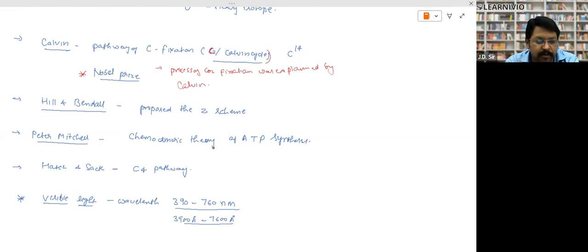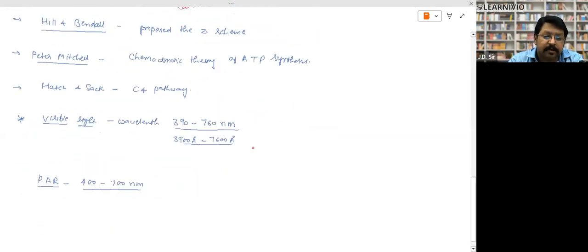We'll discuss that pathway. One more important thing: the spectrum of visible light is 390 to 760 nanometer, or 3900 angstrom to 7600 angstrom wavelength. This is usable for the photosynthesis process.